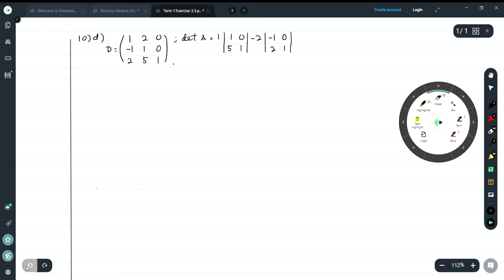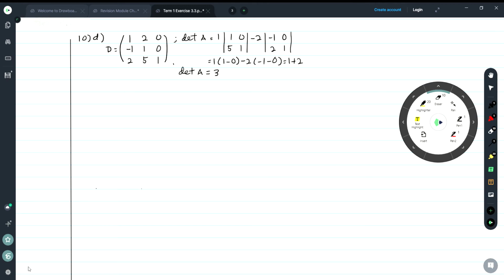Then we use the formula AD minus BC. So AD minus BC, 1 minus 0, then minus 2 times also AD minus BC, minus 1 minus 0. So it is equal to 1 plus 2. So the determinant of D is 3.